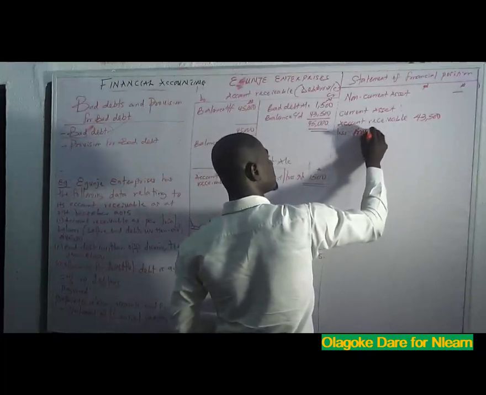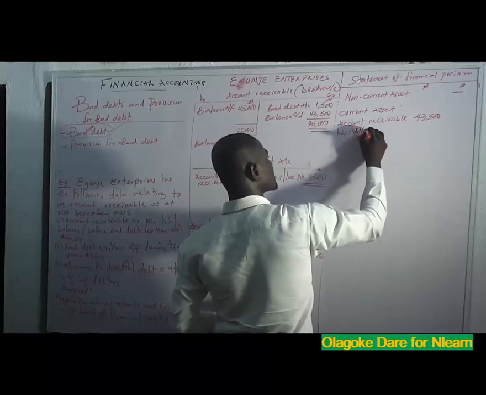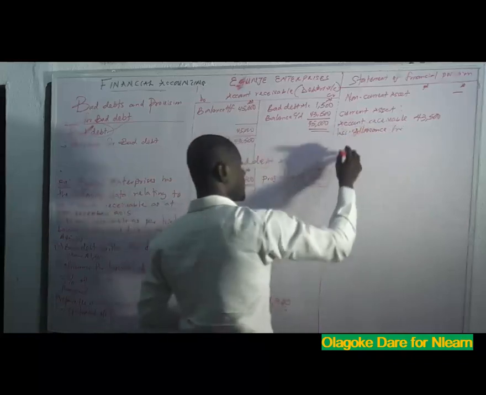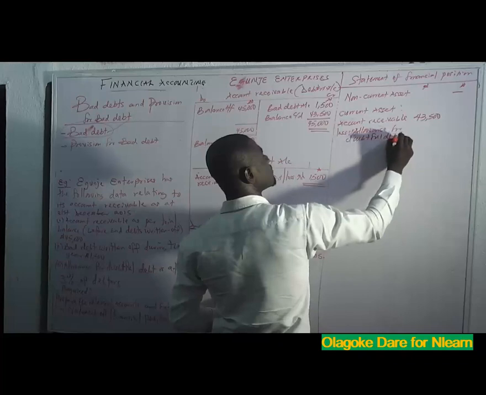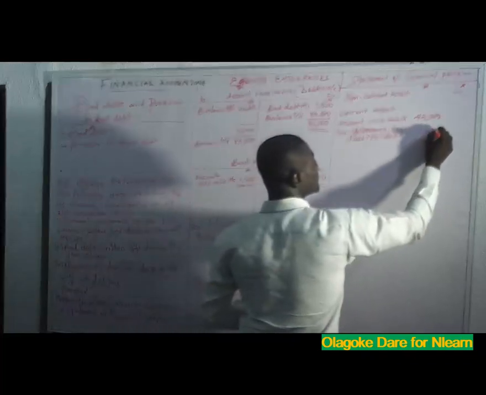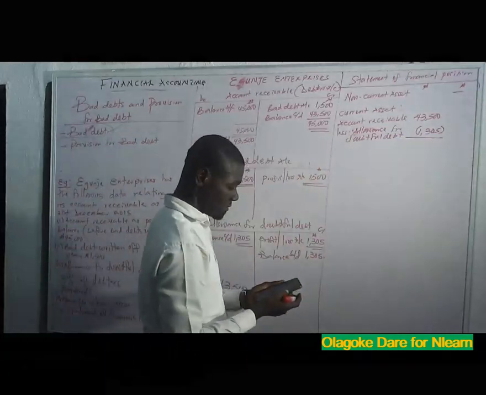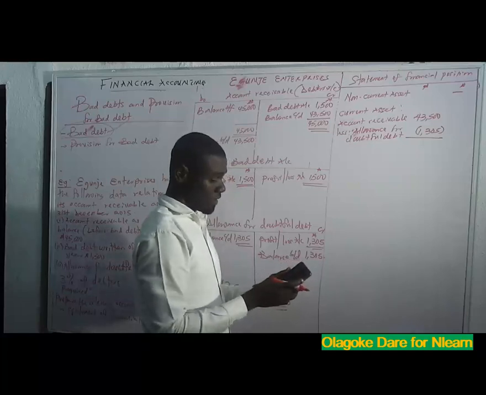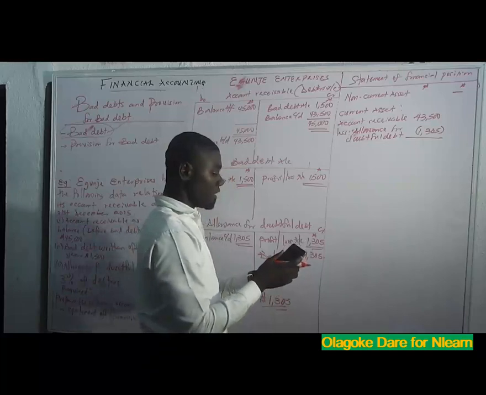Then I less provision or allowance for doubtful debts. So if I deduct the allowance for doubtful debt, which is 1,305, so what I have will be this: 43,500 minus 1,305.